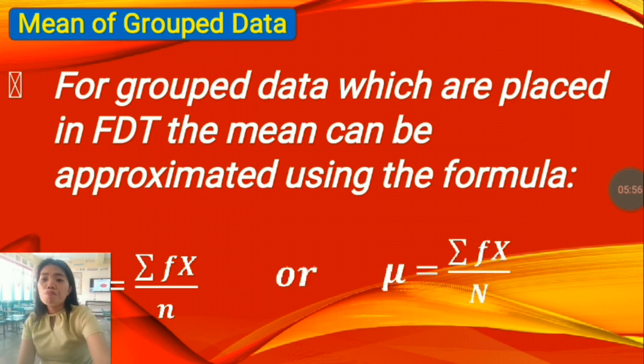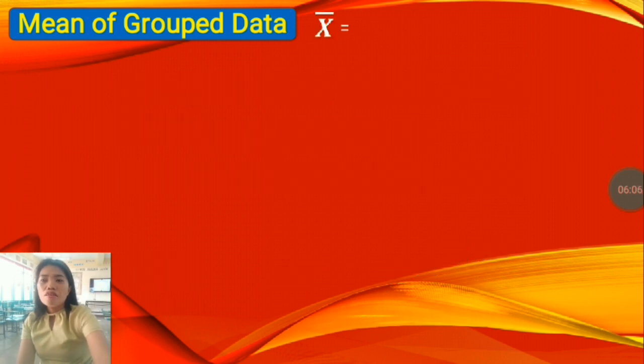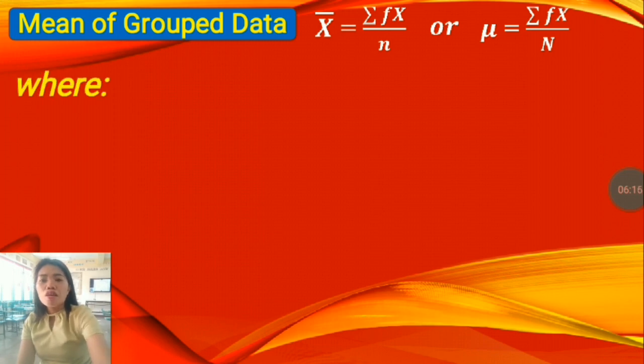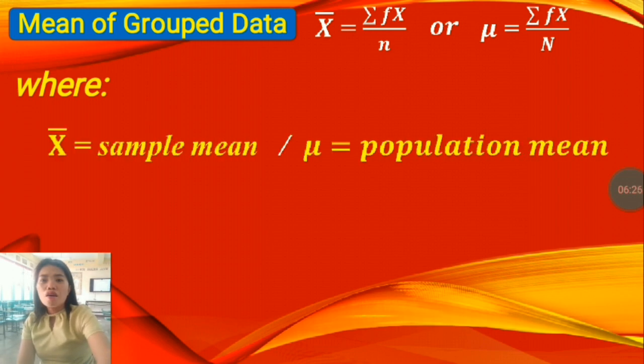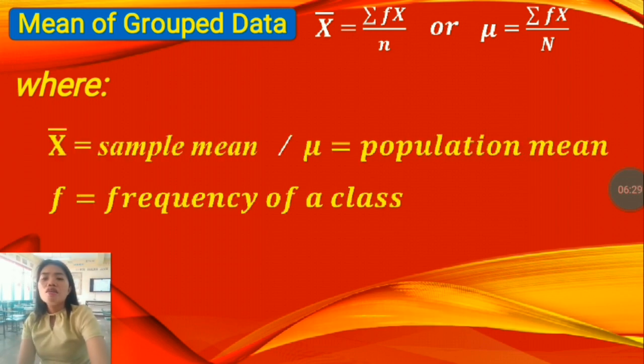Or with mu, the population mean is equal to the summation of fx all over N. That's the formula for the population mean and the sample mean. Again, for the sample mean, you use the x with a bar on top. It depends on the data given. So you have the sample mean, and mu is the population mean.